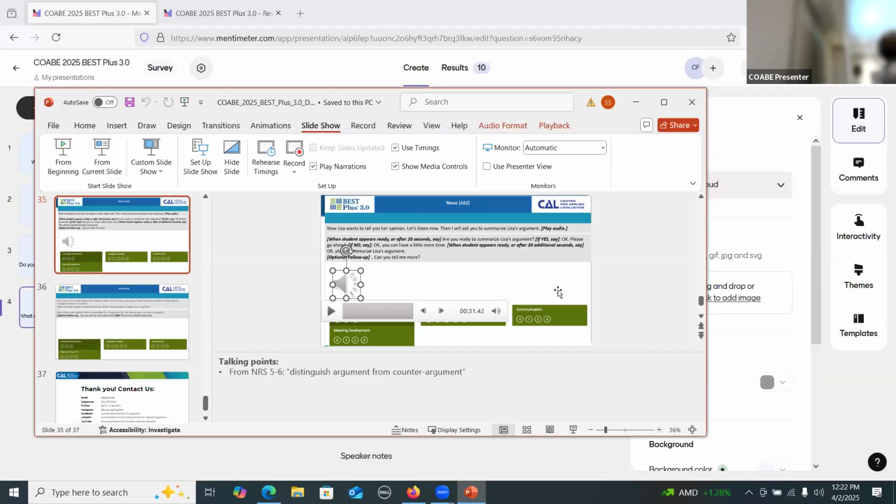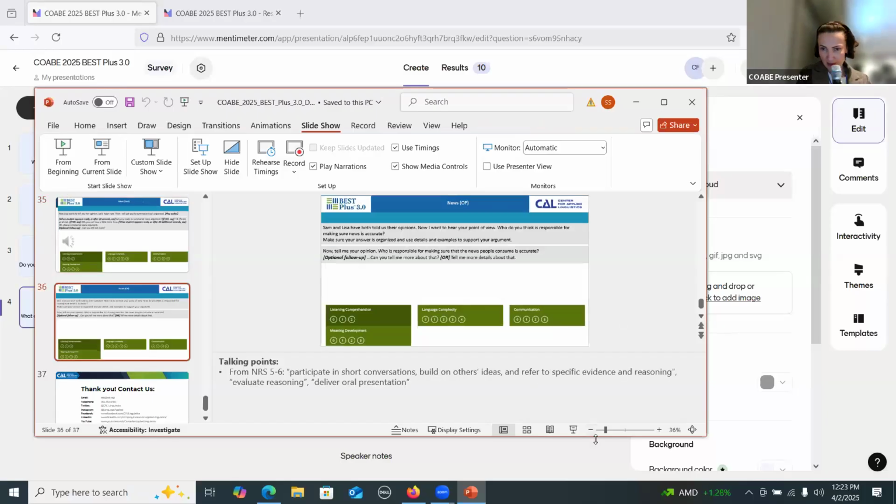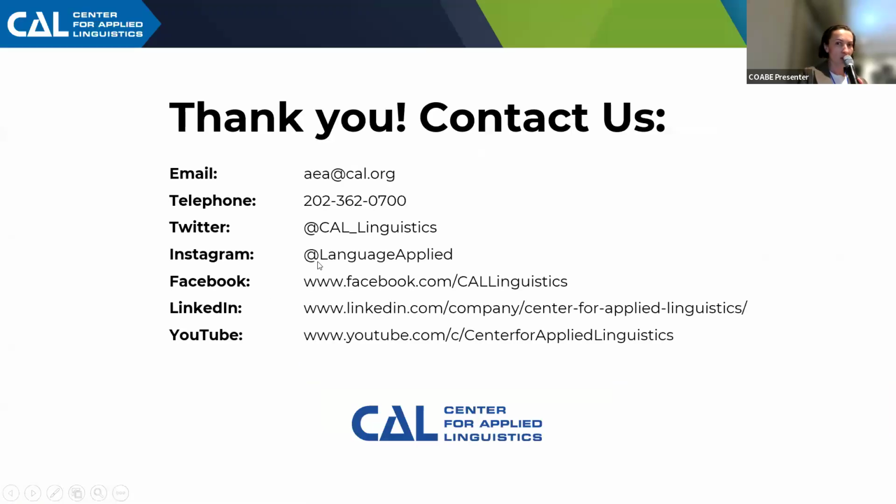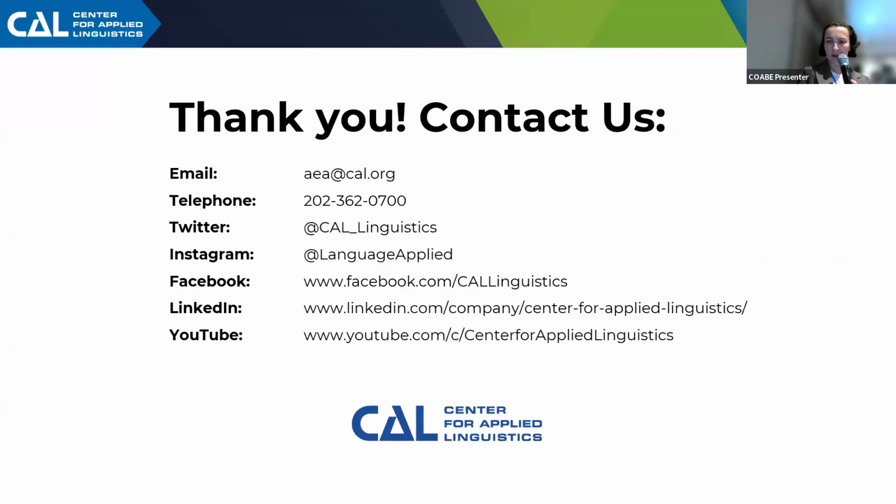So as you can see, Lisa here presented another point of view on this topic, and the examinee again is asked to summarize Lisa's argument. And only after that do they get to talk about what they think. Now tell me your opinion.